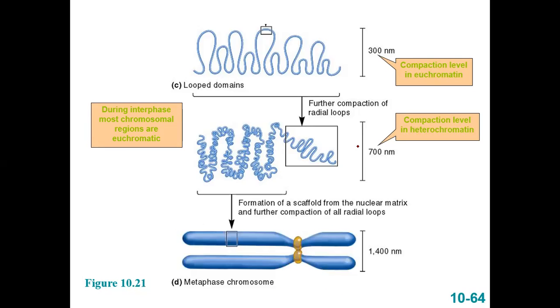Then finally in the metaphase, the chromosome is a fully compact structure, after making the scaffold folds from the nuclear matrix and the further compaction of the radial loops.